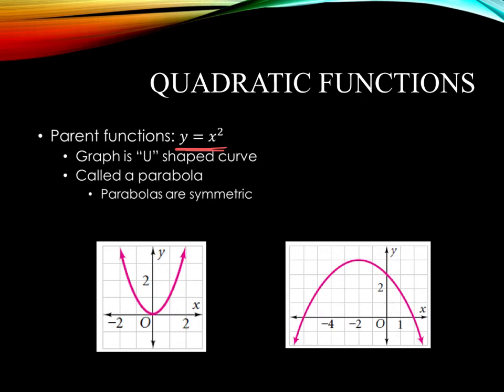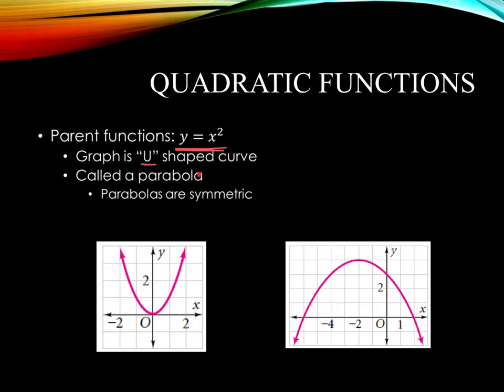So the graph of a quadratic function is what we say is a U-shaped curve, okay? And down here, we have that nice U-shaped curve. Now we can also have an upside down U, so we could get a graph that looks something like this, but both of them ultimately have that U-shaped feature to it.